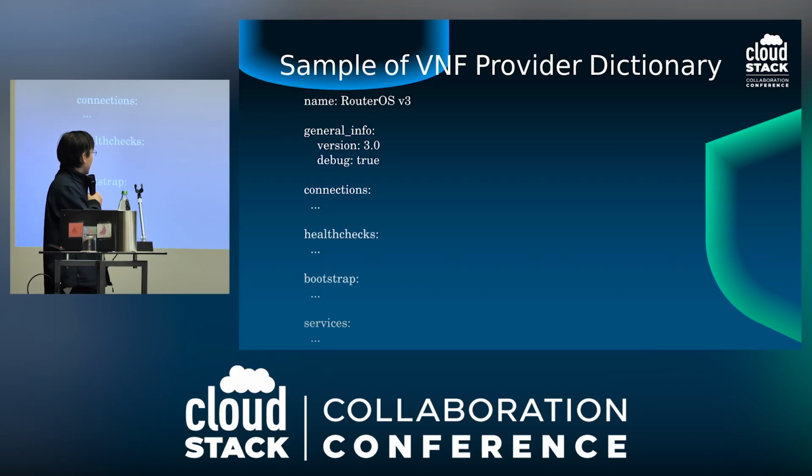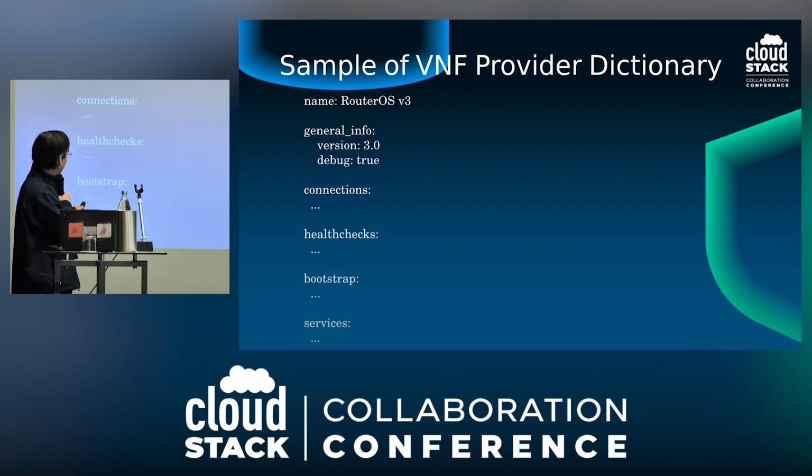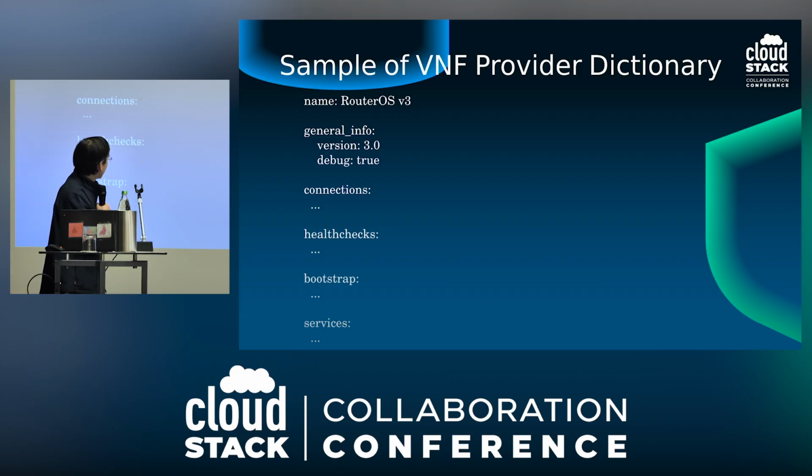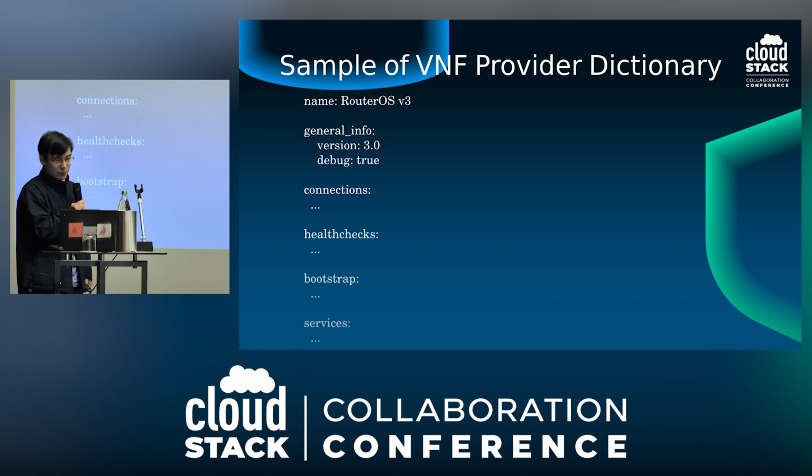So this is a sample: the name, general information, collection, health check, bootstrap, and services. It can be put into a single YAML file, or we can put it into different files and then create a unit file which includes all the other YAML files.